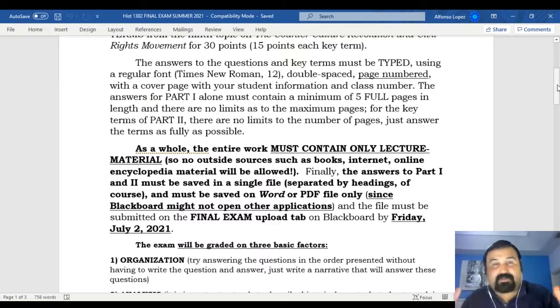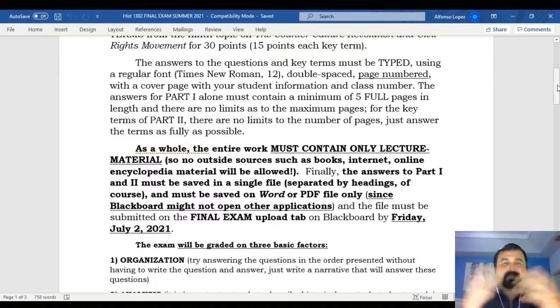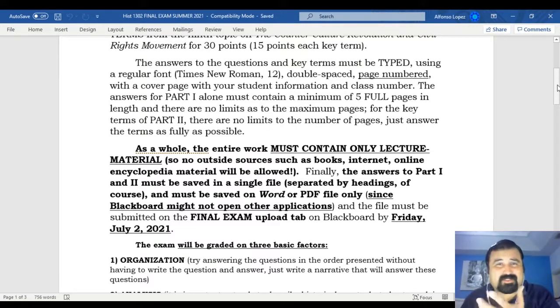So it's very possible that you can write extensively, and this is the final exam, the last major test of the course. Once again, as a whole, the entire work must contain lecture material only. No outside sources such as books, internet, online encyclopedias, articles, video documentaries or anything like that.